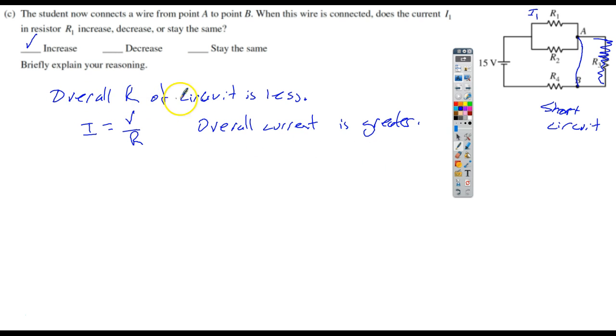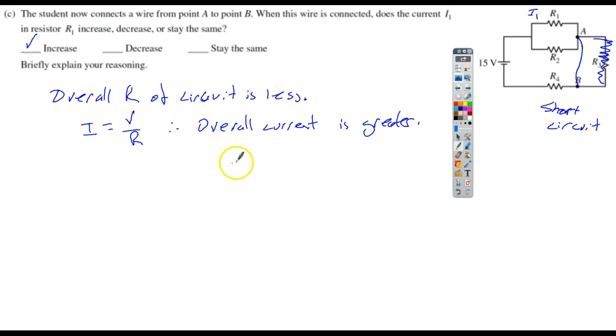So overall resistance of the circuit is less, therefore the overall current is greater because I know that current is equal to voltage over resistance. And since I made the overall resistance less, then that current has to be higher. Essentially, I just keep saying the same thing, I think.